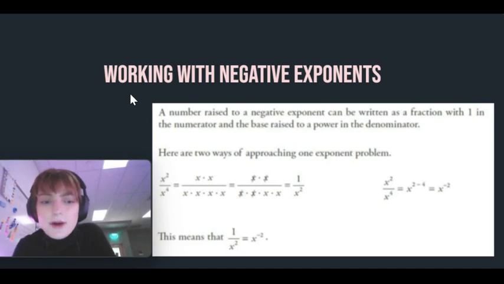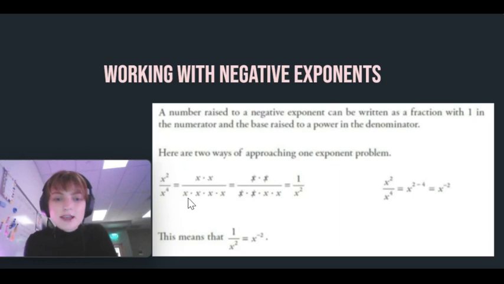X to the power of 2 over x to the power of 4 can be expanded to x times x over x times x times x times x. If we cancel out the same number of x's in both the numerator and denominator, which indicates division, we are left with 1 over x to the power of 2.